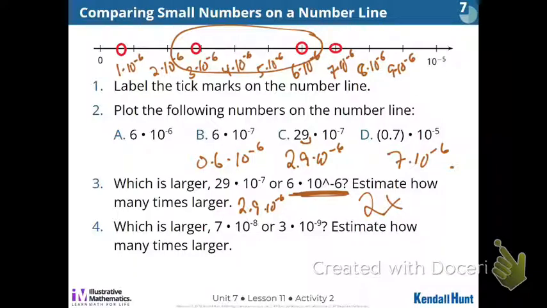What about 7 times 10 to the negative 8? 3 times 10 to the negative 9. Which one do you think of those is larger? So additional factors of 10 to the negatives means divide by 10 again, right? So it has to be 7 times 10 to the negative 8. Okay?